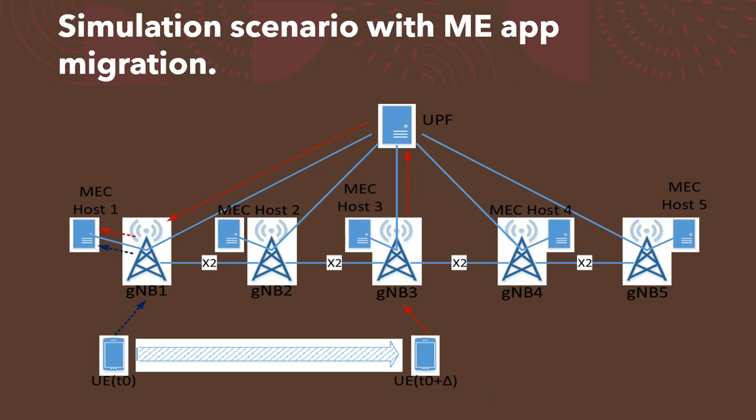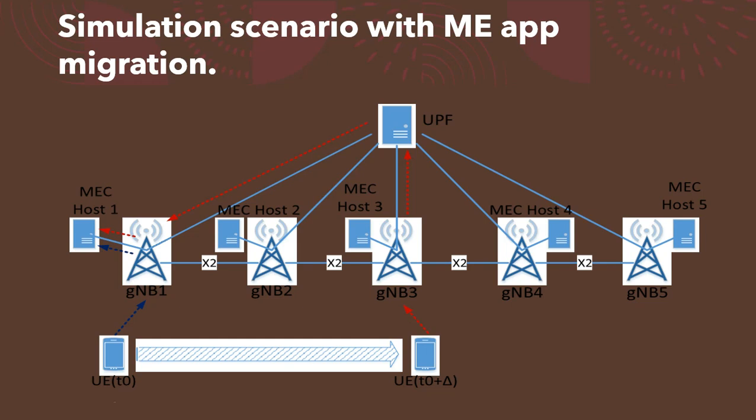We considered a scenario where five servers, representing the MEC hosts, are respectively co-located with 5G gNodeB base stations. The inter-gNodeB distance is 500 meters.